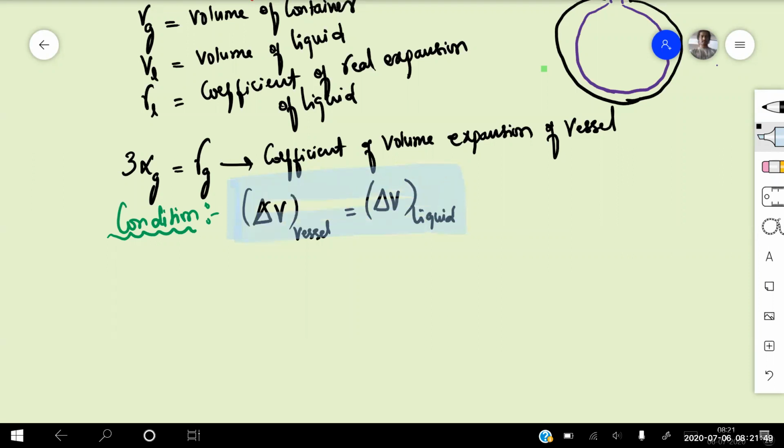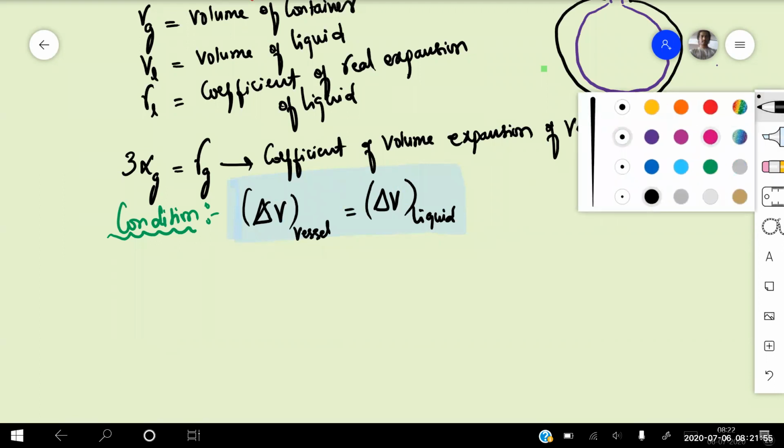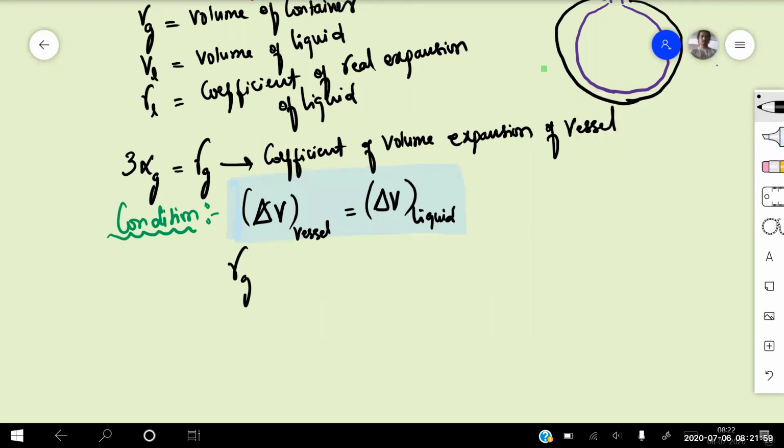Change in volume, that means expansion of your vessel, must be equal to the expansion of your liquid. That means gamma g into volume of your glass into delta t must be equal to gamma of your liquid into volume of your liquid into delta t.